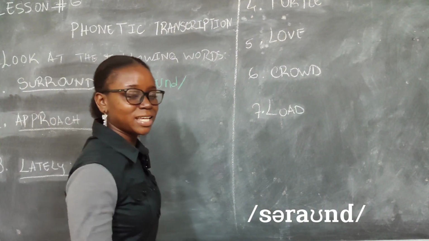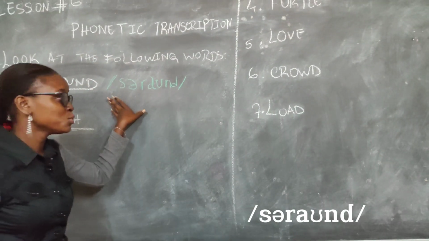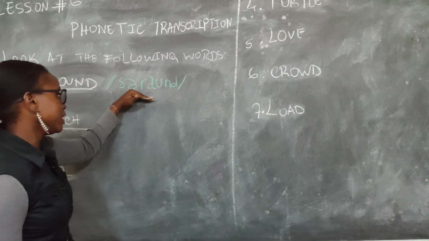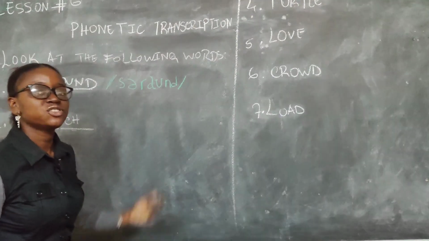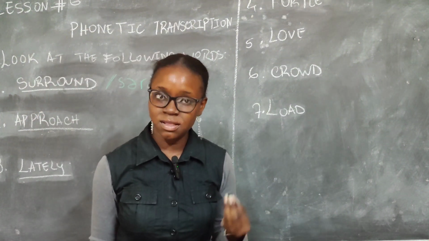Something interesting is that when you go to the dictionary, you will find the word written this way. So if you find these things in the dictionary, don't be scared. They're just telling you how to pronounce that word.